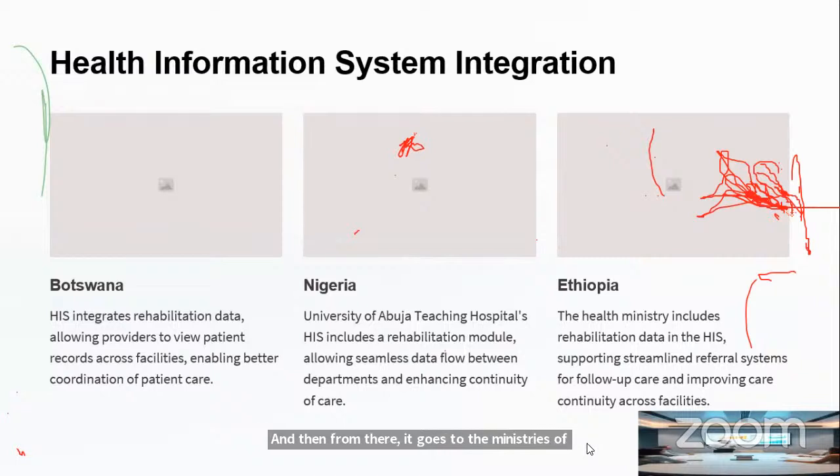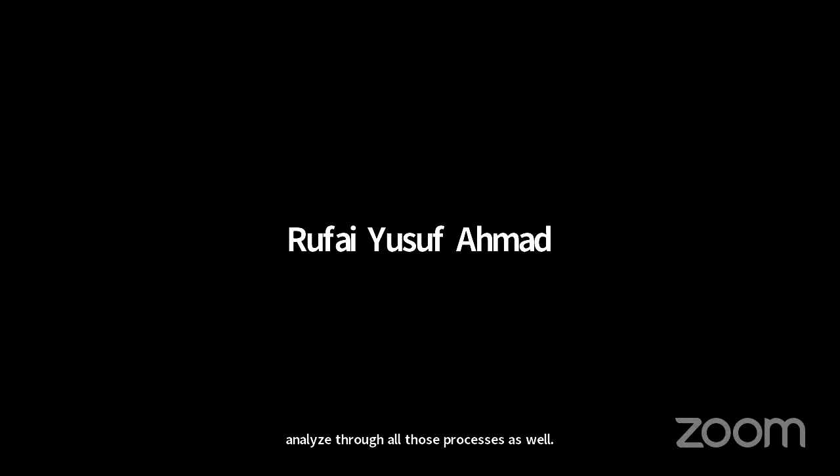But now with EMS, it's even easier: a staff member will generate the data, use the EMS to capture it, and it is captured directly and goes up to the ministry to be analyzed through all those processes that Prof has mentioned. So I've already reached out to the directors of planning, research, and statistics at the ministry.